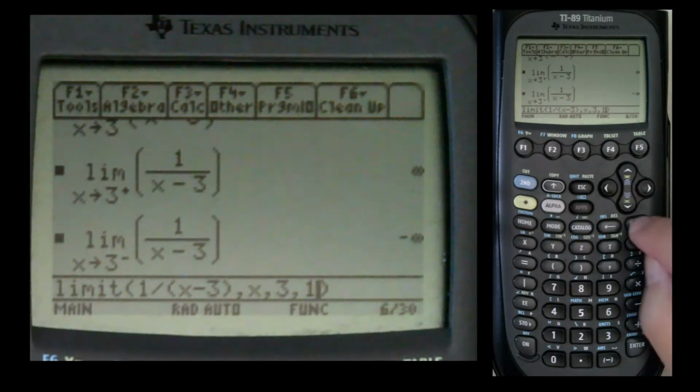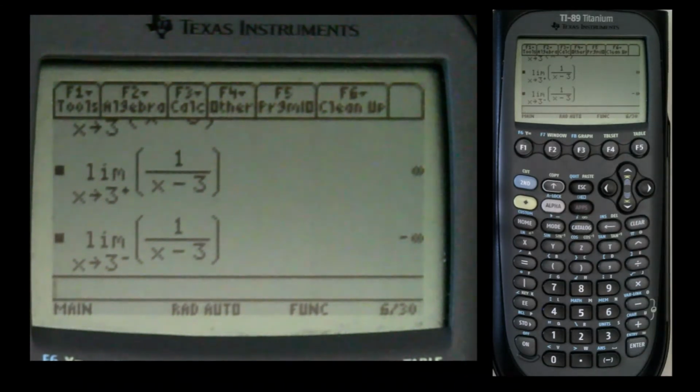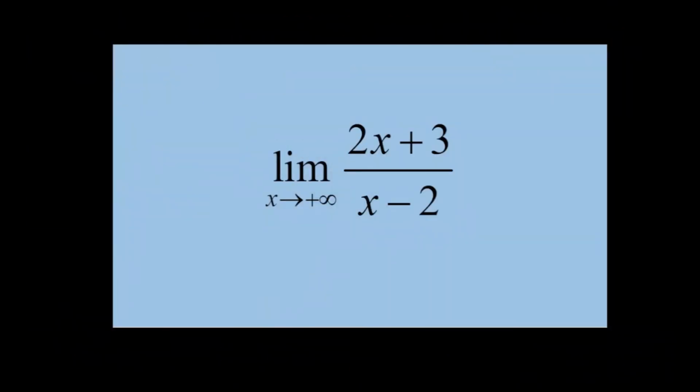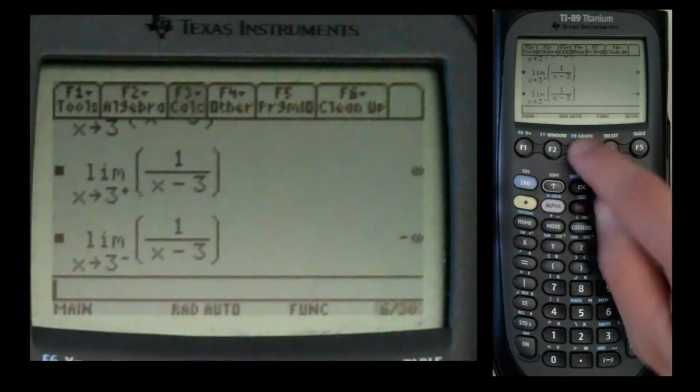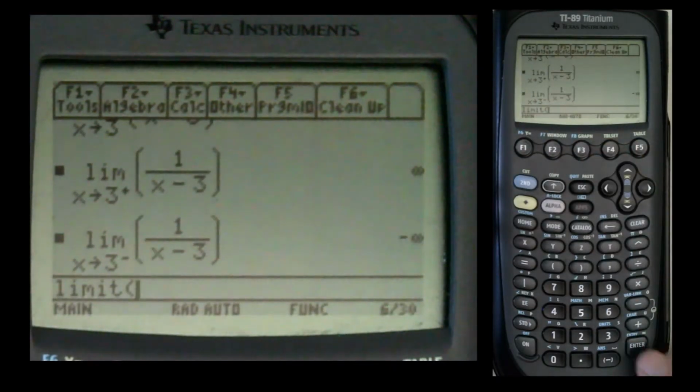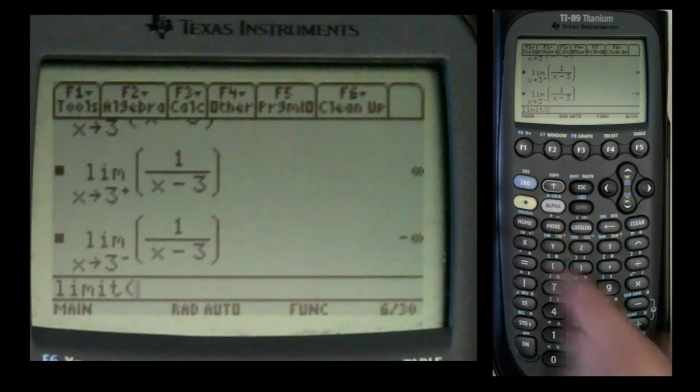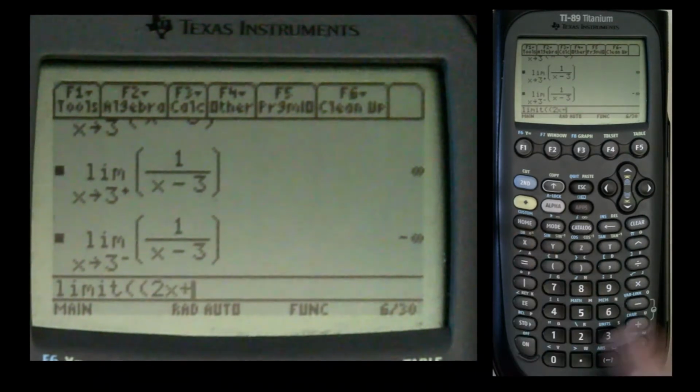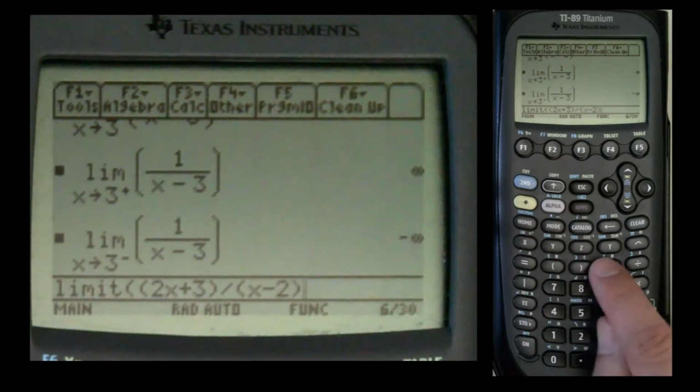Okay. All right. The next thing that I'm going to look at is, well, if we can get infinity as an answer, can we approach infinity for our function? So let's go to F3 and limits. And then it was parentheses 2x plus 3 divided by x minus 2, close the parentheses, comma, x is our variable.